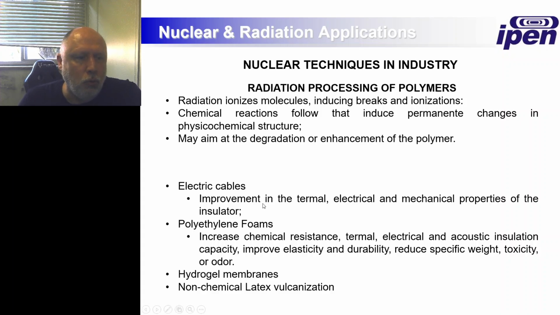But then you improve a lot the thermal, electrical, and mechanical properties of the insulator, meaning it will insulate more, it will be more resistant to bending, and especially it will be flame-proof, right? Essentially, all flame-proof electric cables were treated by radiation.